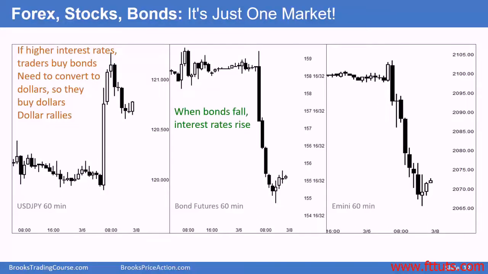Higher interest rates, so less money available to buy stocks. Money costs more, and also CDs become more attractive, so traders take money out of stocks and put them into CDs. You can argue fundamentally what's going on here, that it makes sense. The bonds sell off, interest rates go up, the dollar goes up, and stocks go down.